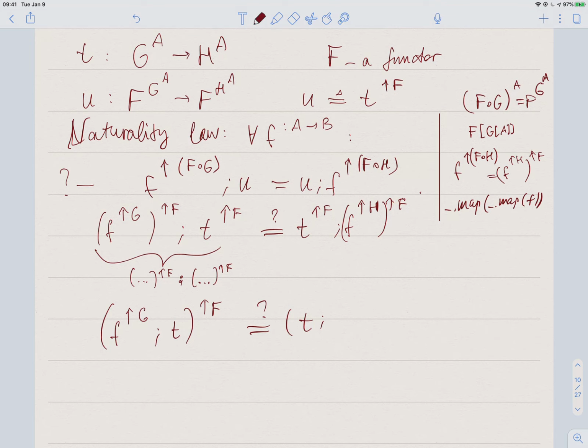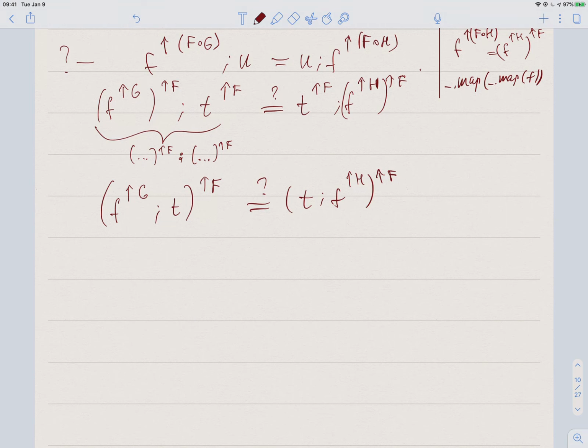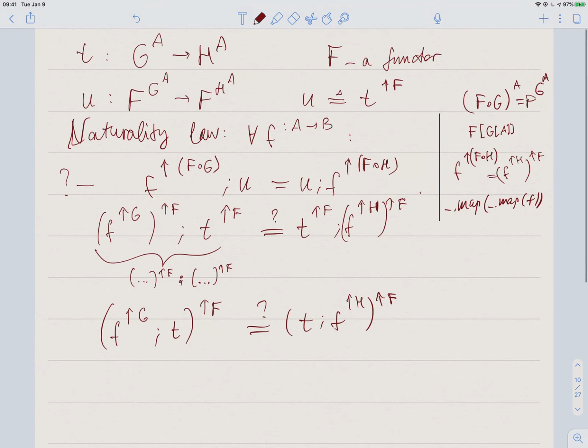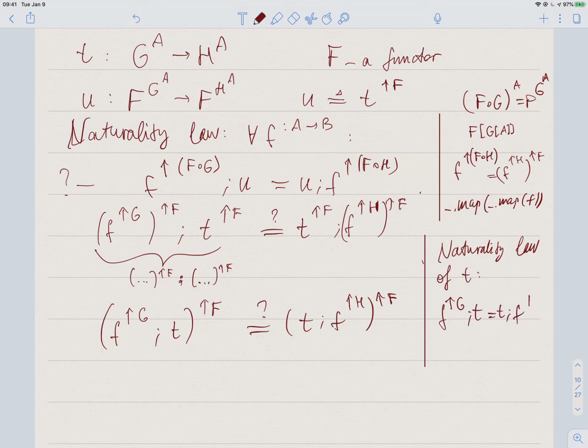Otherwise it would be less clear, but we have to believe that this is so and check the types every time you do it. Now you'll save time. Now, by assumption, T is a natural transformation. So T already satisfies the naturality law, which is the naturality law of T. It is f lifted to g, T equals T f lifted to h.